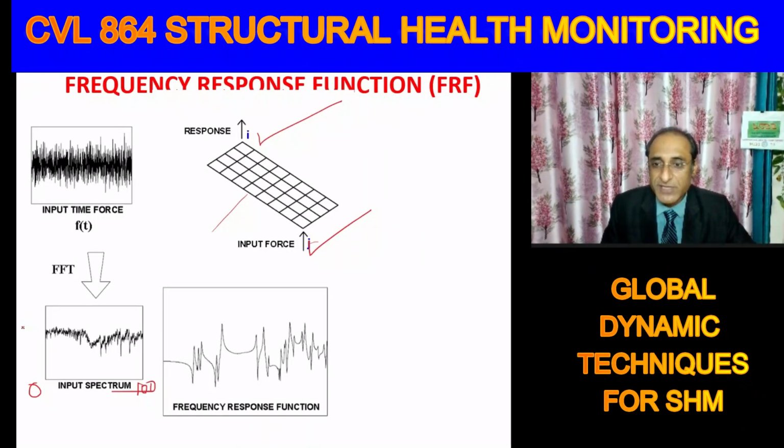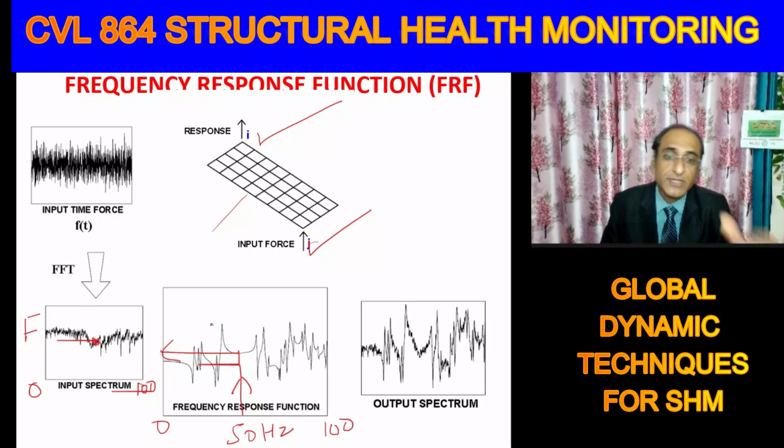And what does this show? This shows the force in the frequency domain, and we have the frequency response function also 0 to 100 Hertz. So you know that for unit force at a given frequency, this would be the response at this particular frequency. Let's say this is 50 Hertz, and you know that the input force at 50 Hertz is some value. All you have to do is multiply with this and you will get the response. We generally use the symbol H for the frequency response function.